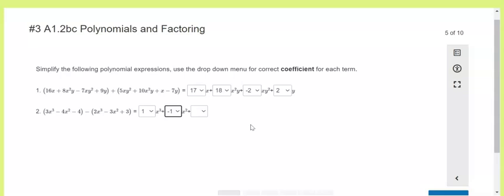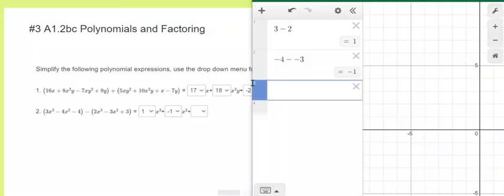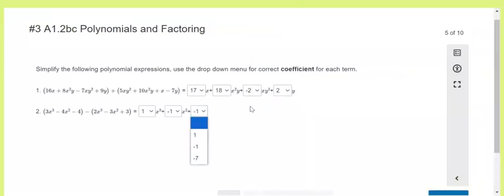And then finally, negative 4 minus 3, it's negative 7. Okay. And that's that.